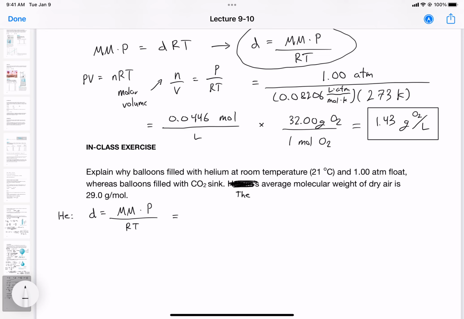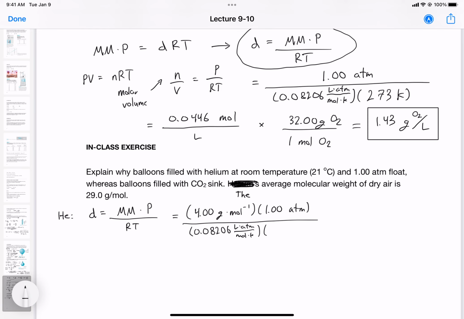Okay, molar mass of helium is about 4.00 grams per mole. And the pressure will be the same, 1.0 atm for everything. Then we have 0.08206 liters atm per mole Kelvin. I'll only show the units for one because they're pretty much the same.